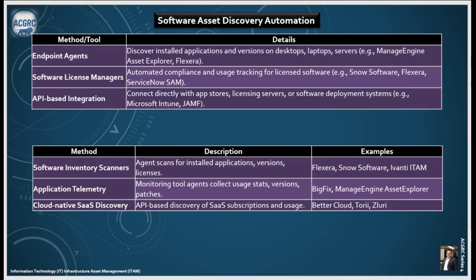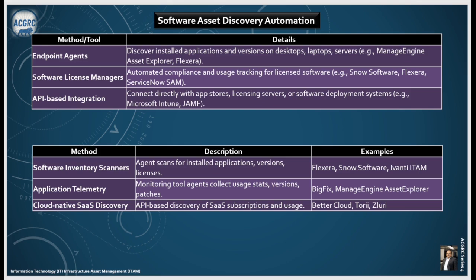When we look at software asset discovery automation, we have endpoint agents, software license managers, or API-based integration. Endpoint agents discover installed applications and versions on desktops, laptops, servers, etc. License manager is automated compliance and usage tracking for licensed software. API-based integration connects directly with app stores, licensing servers, or software deployment systems.